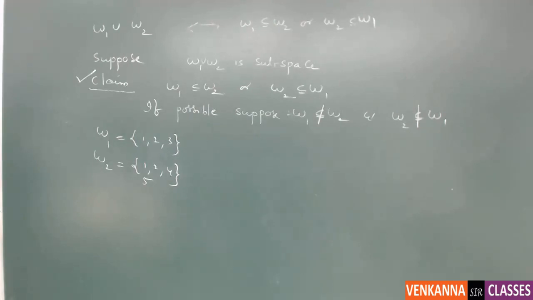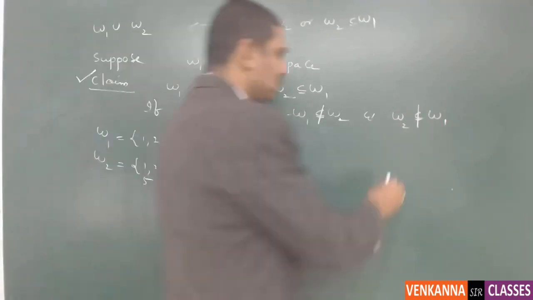No. So from this we can understand that since W1 is not a subset of W2, you can find at least one element which exclusively belongs to W1 and which will not be there in W2. Similarly, for W2 also, you can find at least one element which is not there in W1, because these are not subsets of one another. So you can have the picture like this.